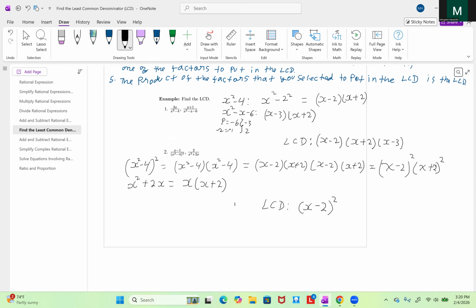And then we have (x plus 2) squared. The factor x plus 2 also occurs in the x squared plus 2x binomial, but the exponent is 1. We select the one with the highest exponent. So we select (x plus 2) squared.